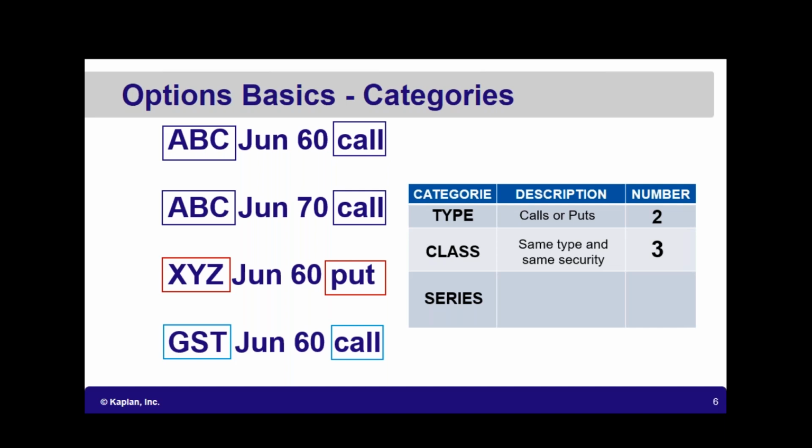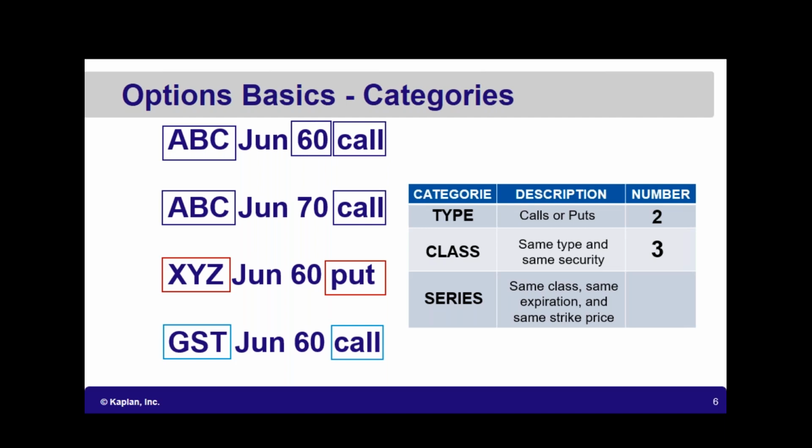But when we trade an option, we trade it in terms of a series. An option series is the same class, same expiration, and same strike price. We'll talk about what those terms mean in a bit. So we've got an ABC call and another ABC call.